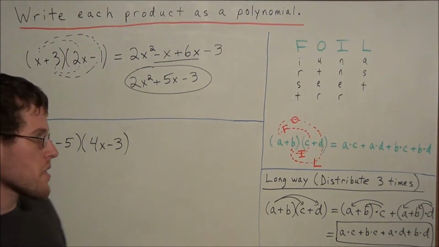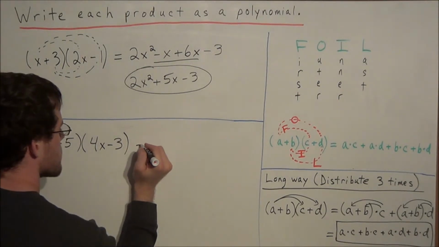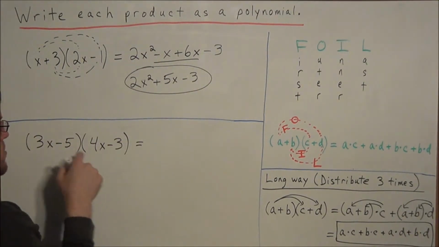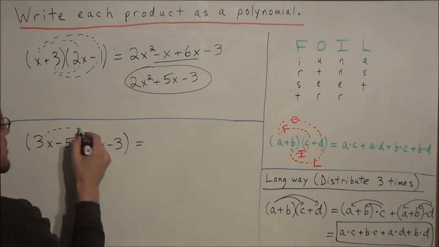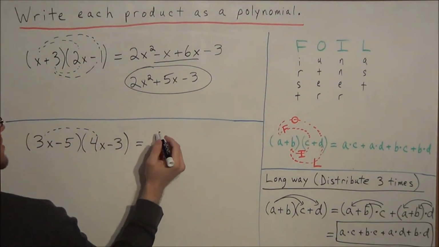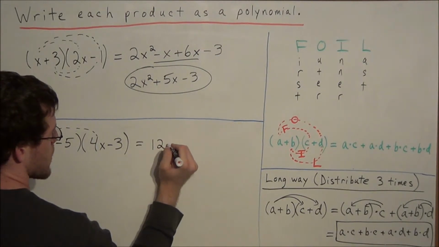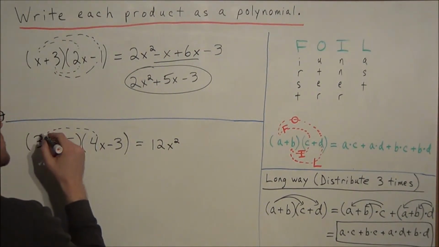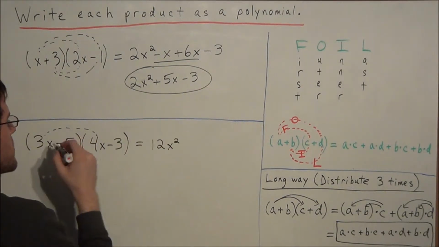Now using the FOIL method again, we're going to do the next problem. First we're going to multiply the first two terms. We have 3x times 4x is a positive 12x squared. All we're doing is 3 times 4 and x times x. Now we have the outer terms to multiply.